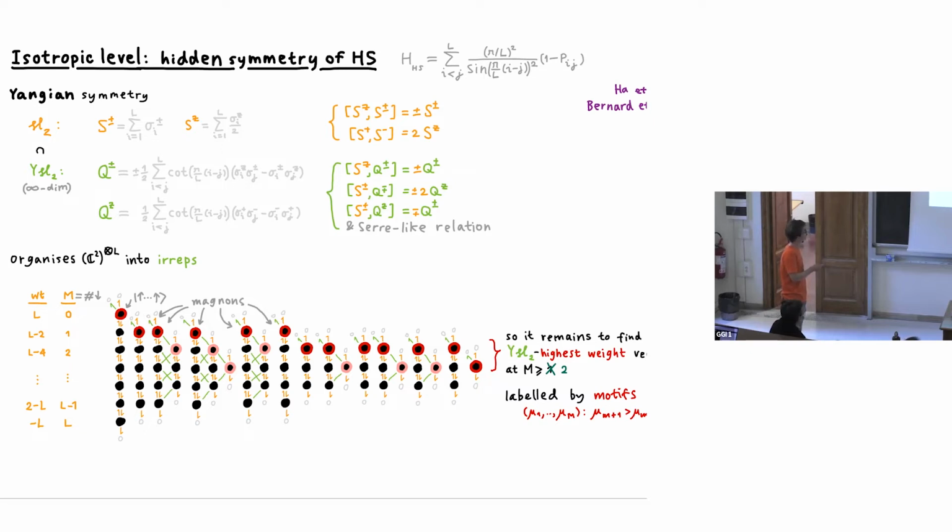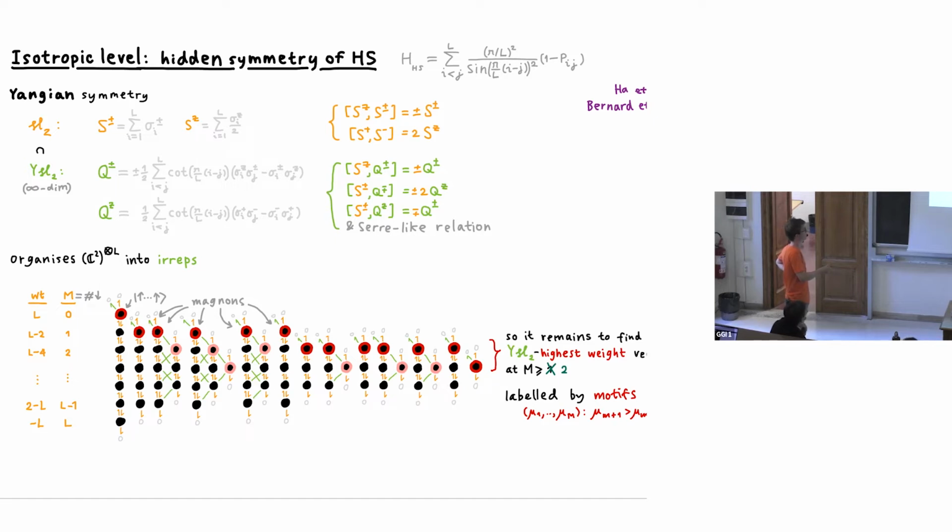Because of these extra lowering operators, the spectrum reorganizes and we get bigger irreducible components. In the Haldane-Shastry limit, these vertical strings were just sl2 irreducibles, but now some sl2 irreducibles merge into one big Yangian irreducible, and that's what you see here. So this sl2 highest weight vector is a Yangian highest weight vector.